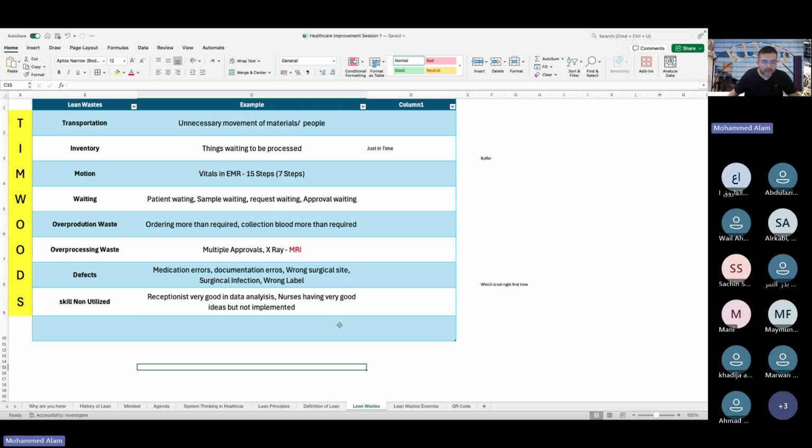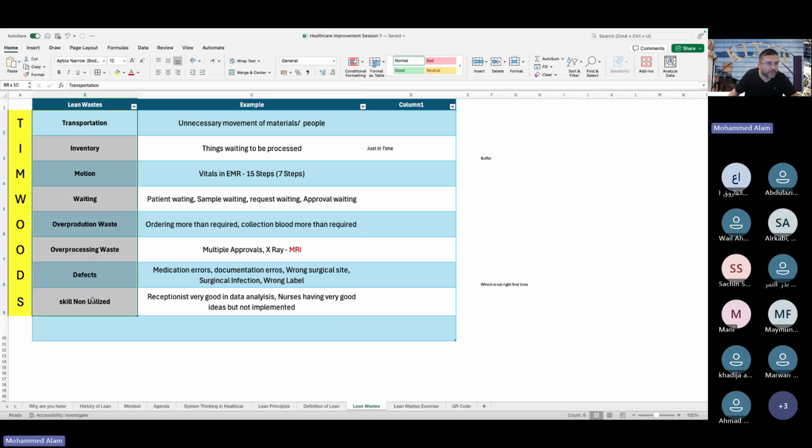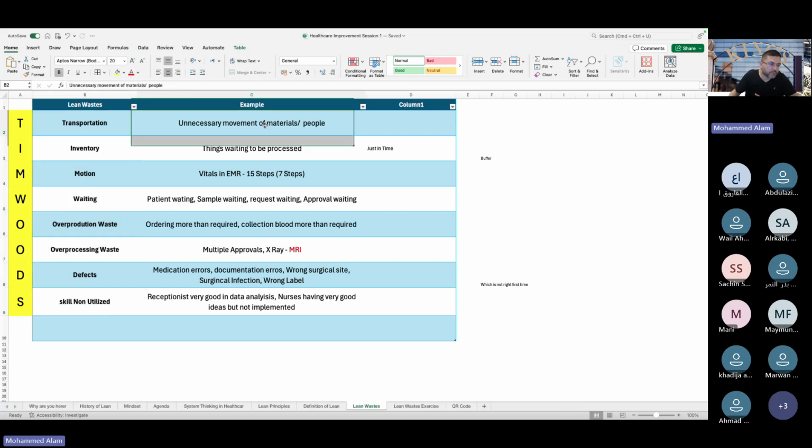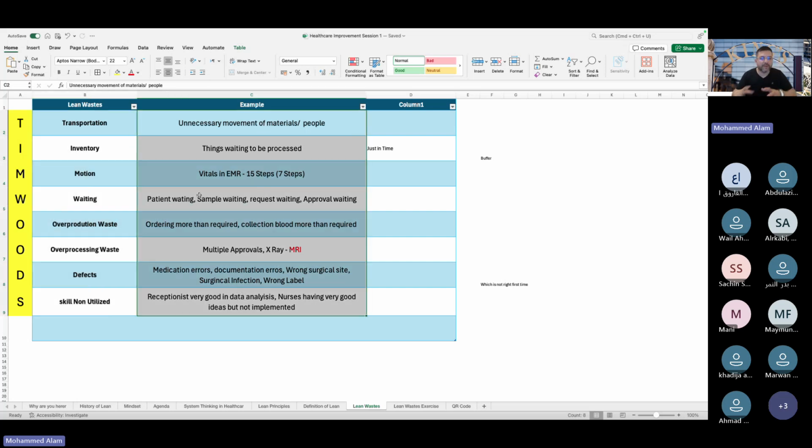So in lean, as we move forward, when we do a value stream mapping session, it will help us identify all these 8 wastes in a value stream. You can remember these wastes by the acronym TIMWOODS: transportation waste, inventory, motion, but it needs a lot of thinking. For example, I always give the example of where you would find a printer in an office.